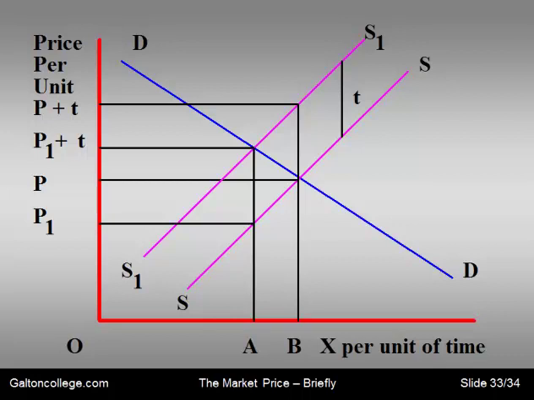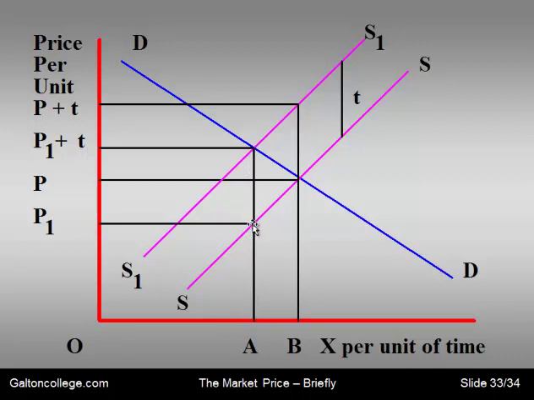The tax is equal to T. So the government imposes the tax T, which moves the supply curve up to S1. Now at S1, the new equilibrium will be P1 plus T here, and the equilibrium quantity will be at the point A.